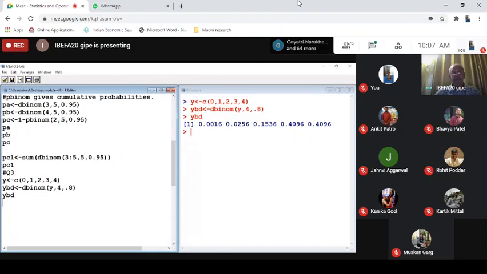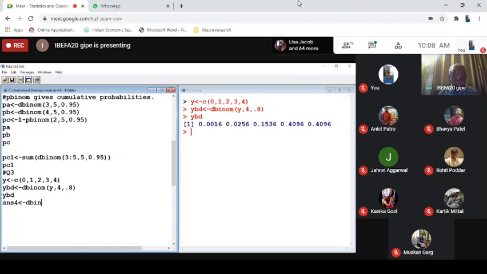Our answer for all of them improved will be 0.4096. P4, I denote, or any variable you can say, is the answer for 4.